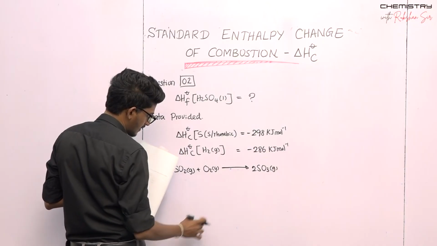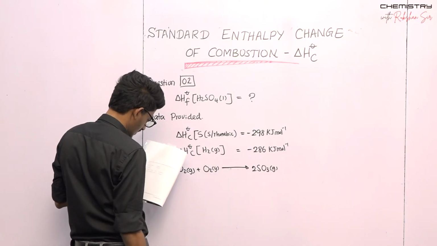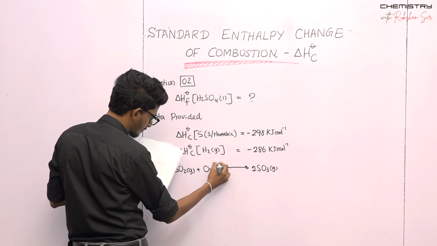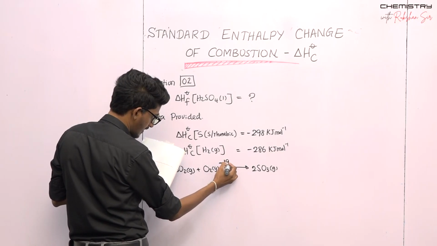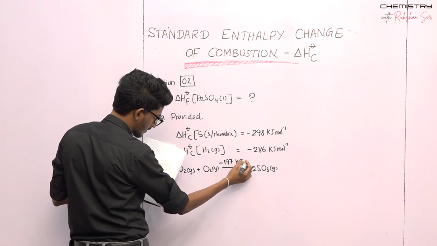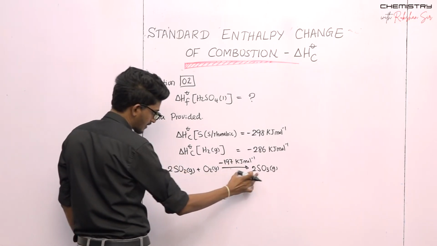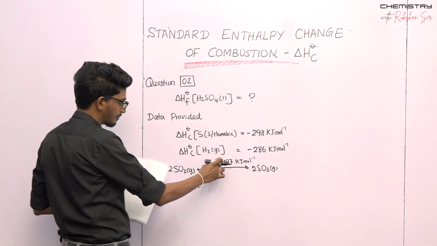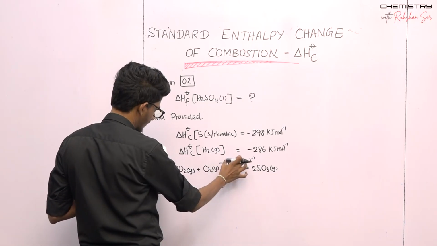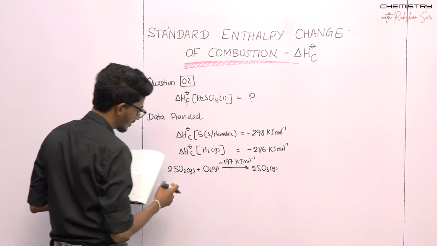When doing this change, the energy associated with this change is given as minus 197 kilojoules per mole. The delta H value was given, right? For this reaction, the delta H was minus 197, right? That means you can write that on the top of the reaction arrow as well.